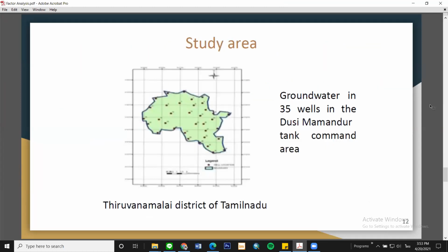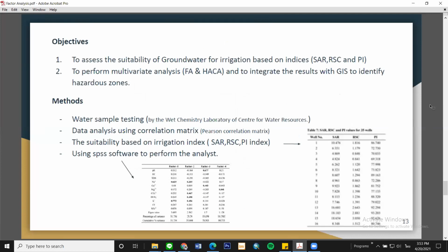This is the study area. Study area is Thiruvannamalai district of Tamil Nadu in India. We use groundwater from 35 wells. Okay. The objective of this paper is to assess the suitability of groundwater for irrigation based on indices.